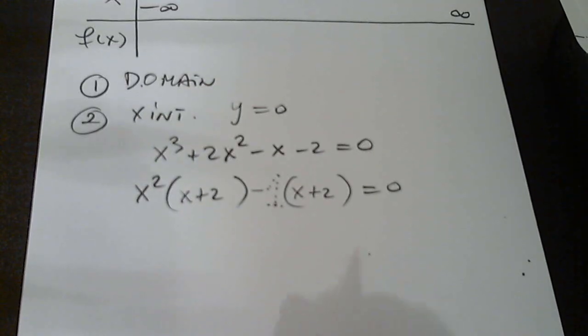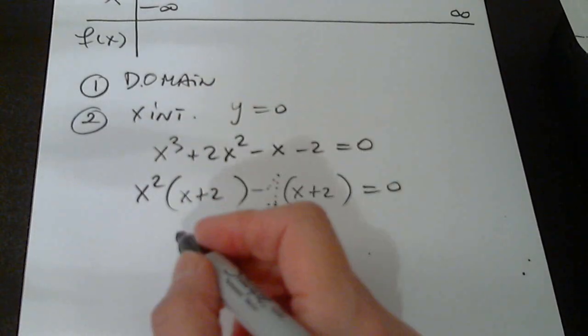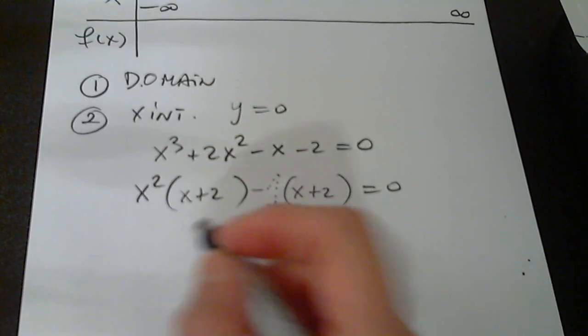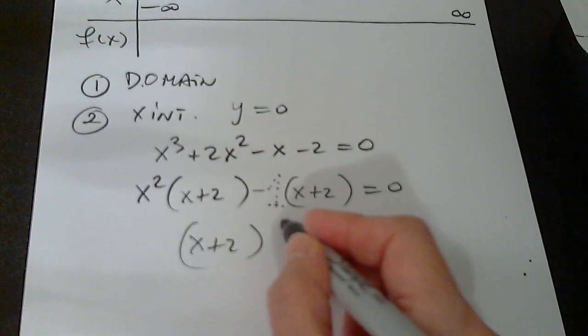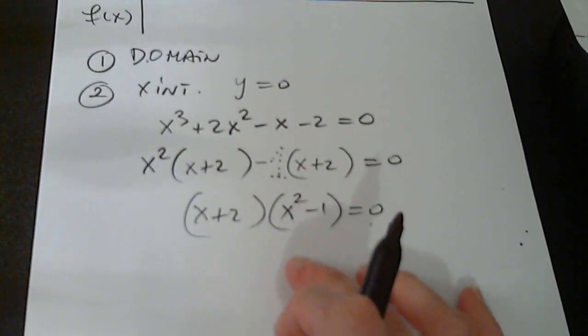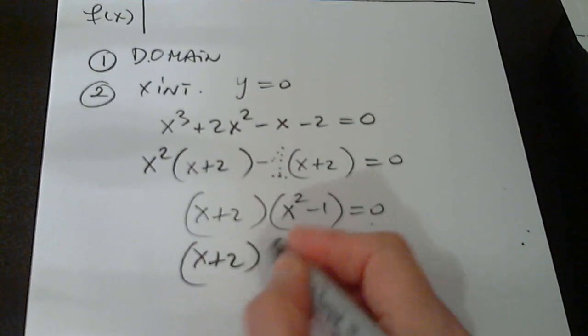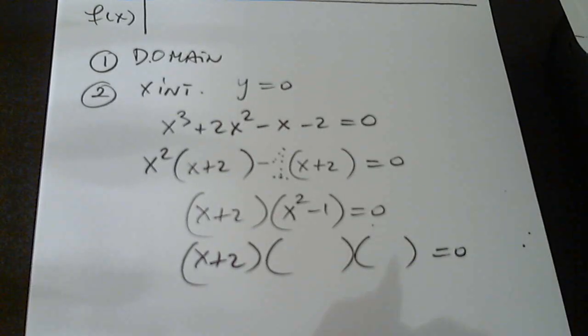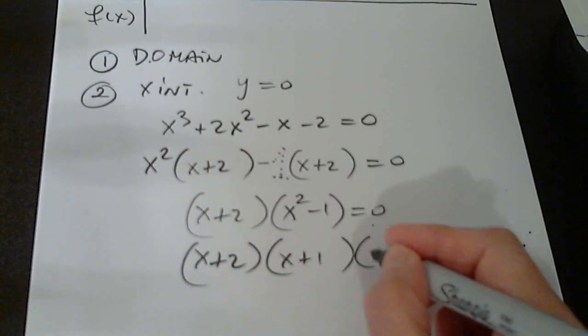Good. What factors out now? x plus 2. Indeed. And what is left? x squared minus 1. How do we factor x squared minus 1? x plus 1, x minus 1.